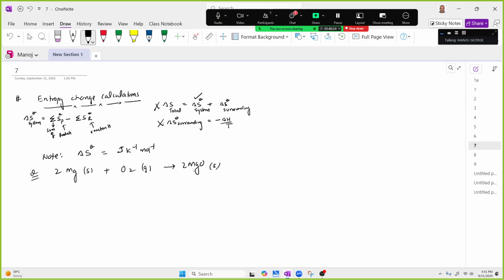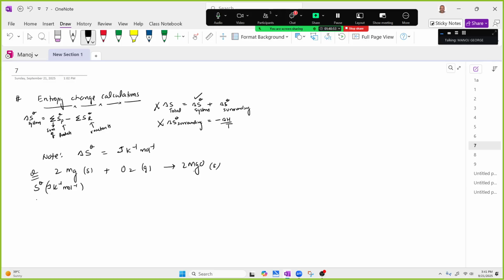The delta H for this reaction, oh no, not delta H, the entropy in terms of joules per Kelvin per mole for each of the species I am giving.